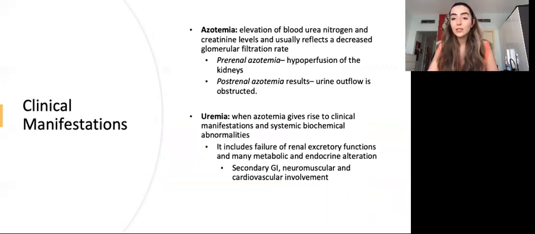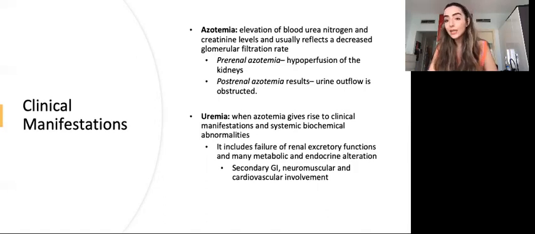Azotemia is the elevation of blood urea nitrogen and creatinine levels, and it usually reflects decreased glomerular filtration rate, which can be a consequence of intrinsic or extrarenal causes, right? And then we can later divide the azotemia into pre-renal or post-renal azotemia.